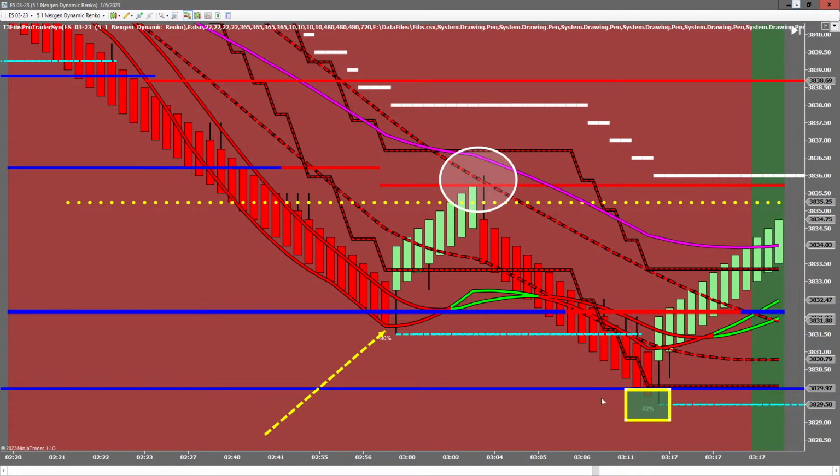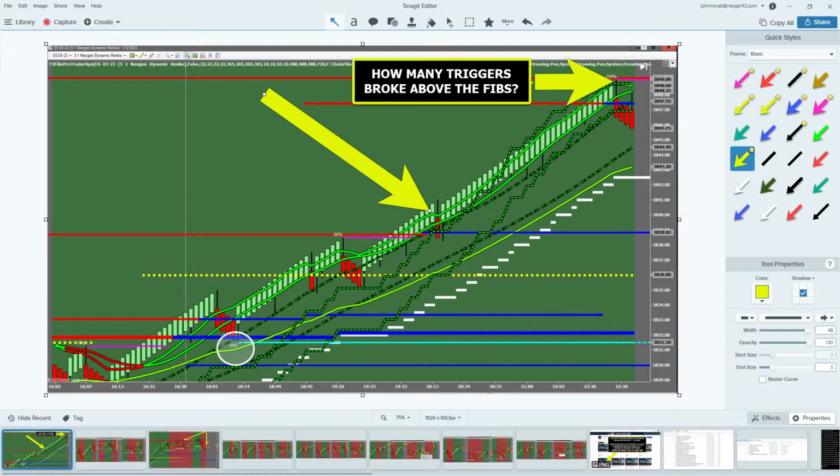Now, when we get that second push, answer the same question again, and you'll see how simple this is. Where are the small triggers relative to the large triggers? Inside. Everybody agree? Now, what was the other question I told you you have to ask yourself when you get to a fib? How many triggers are above or below the fib when the small triggers are inside the large?